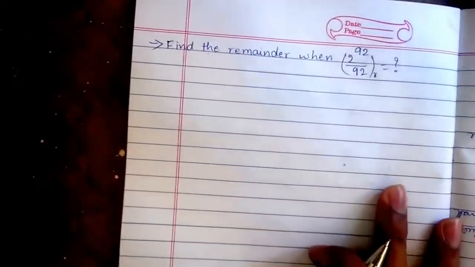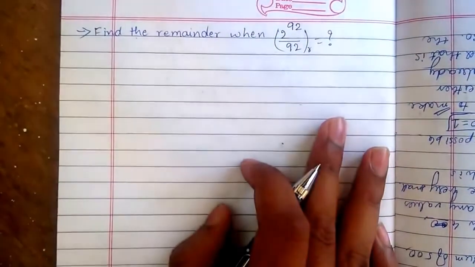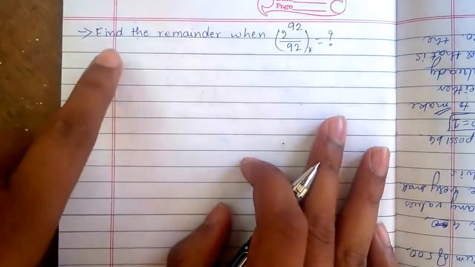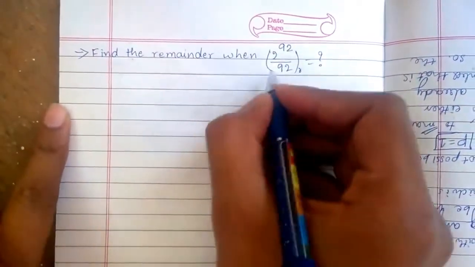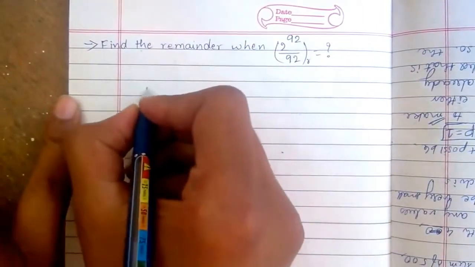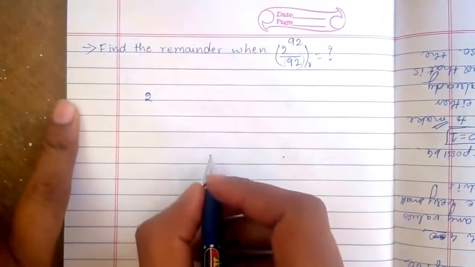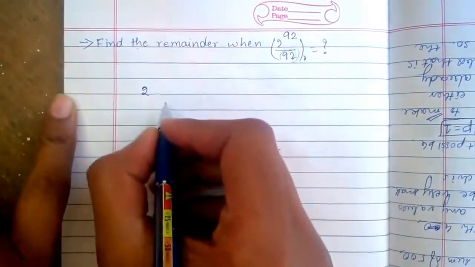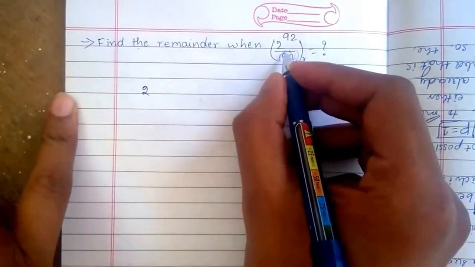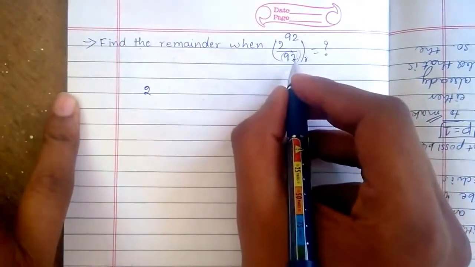Find the remainder when 2 power 92 is divided by 92. To solve this question, we will consider the powers of 2 and check how close they are to a multiple of 92.